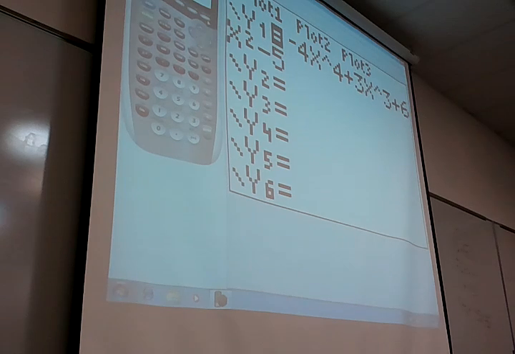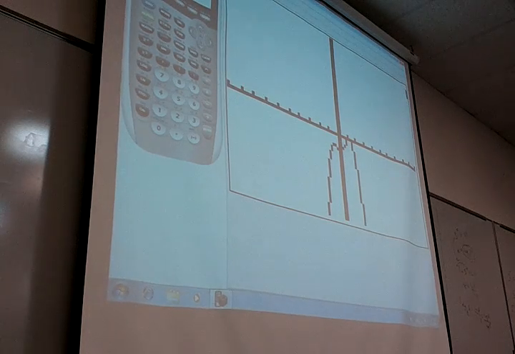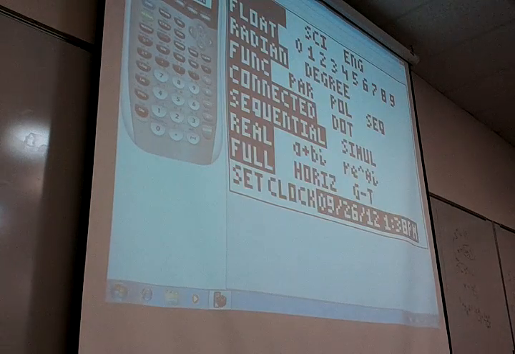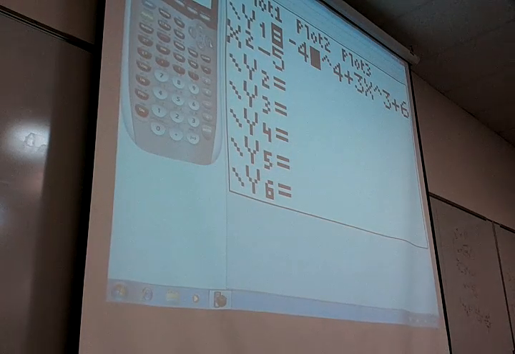Let's see what I've done. Let me go back there so you guys can get it. So now I see how I want to change it. So negative 4x to the 4th plus 3x cubed plus 6x squared.